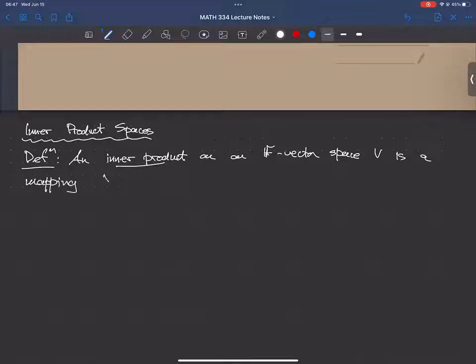Okay, and this mapping takes two vectors in V, let's call them u and v, and it maps them to a scalar.